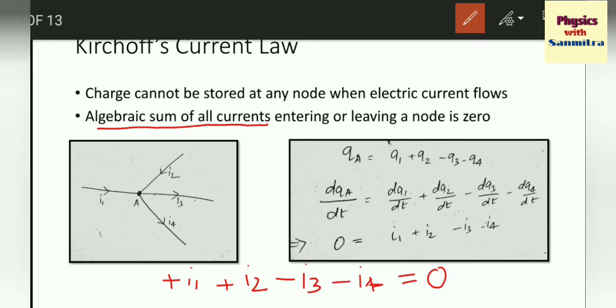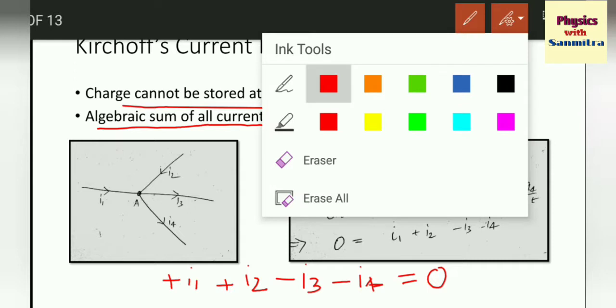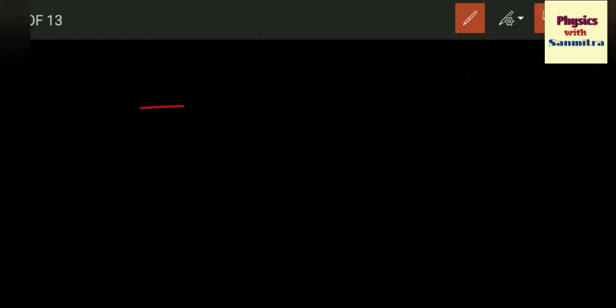Now let's see why it is so. The main reason is that the fundamental principle behind KCL is the conservation of charge. Charge cannot be stored at any node when electric current flows. Just see here. Suppose I have a branch here, I have another branch here, and this is the node.